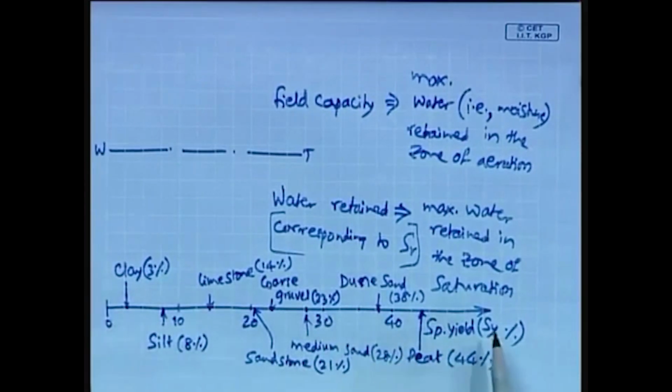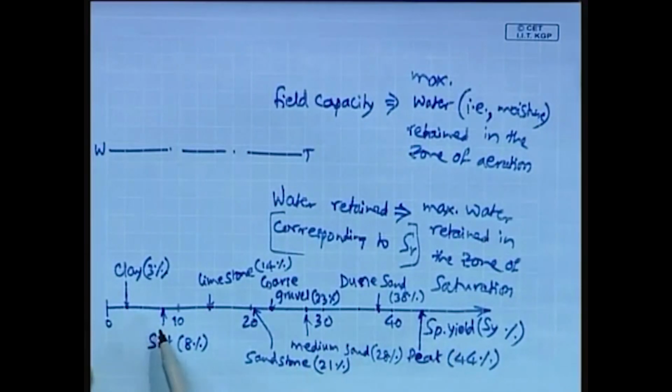So, these are some of the typical values of the specific yield in different materials, ranging from the minimum of 3% found in clays and the maximum of around 44% found in peat.